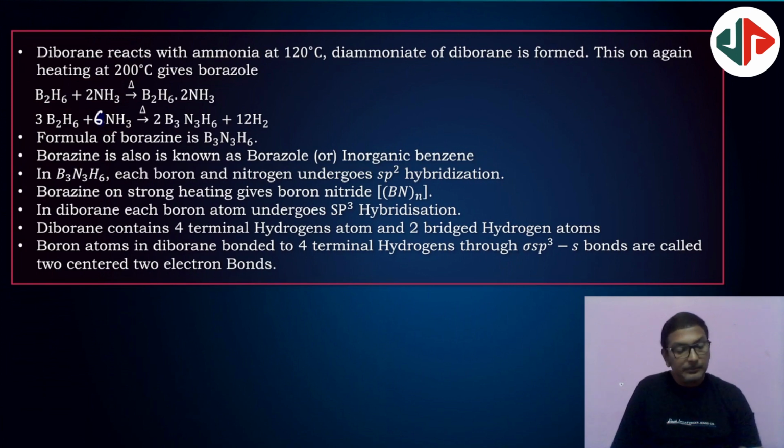Next. The formula of borazine is B3N3H6. It is also known as borazole or inorganic benzene.